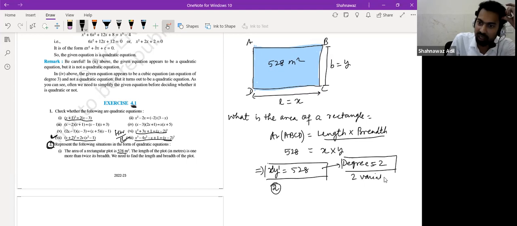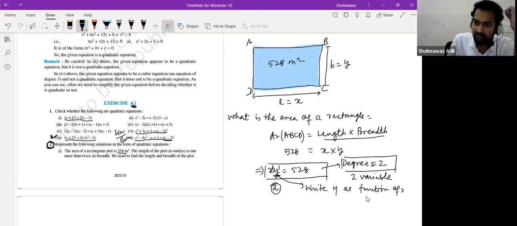Yes, sir. We have to change this y so that it comes as a function of x. So this is our idea: we have to write y as a function of x.